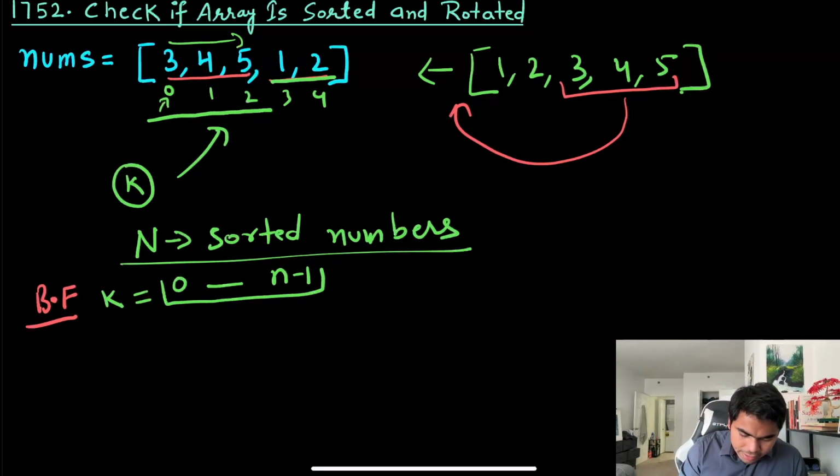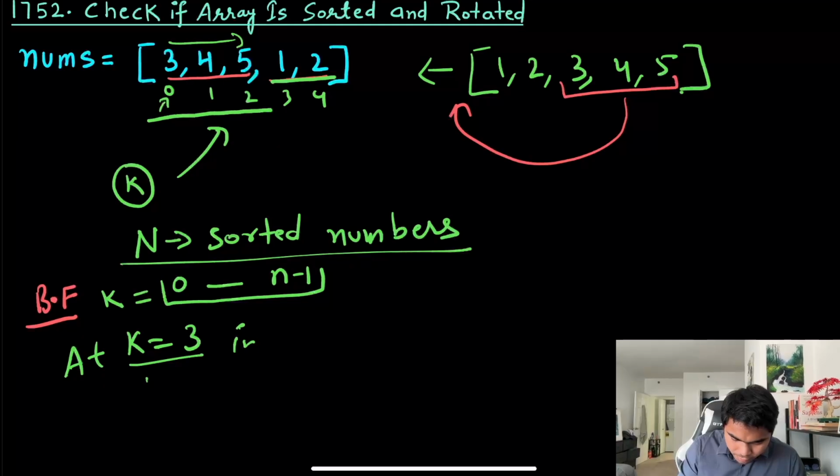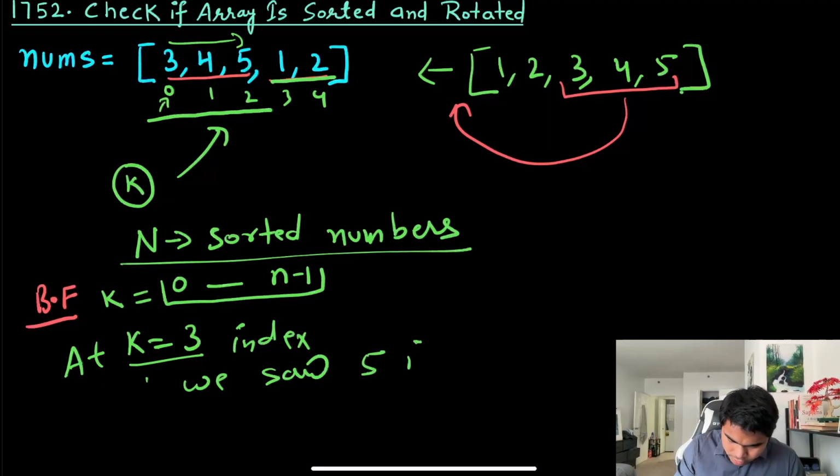So then I see that when I started my k at 3, I was able to see 5 numbers. So I'll say at k equals 3 index, we saw 5 integers in non-decreasing order.